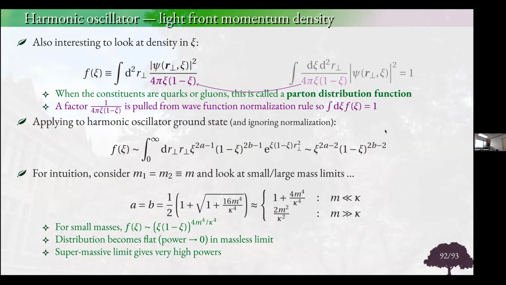So what does this mean? For some intuition, it might be helpful to look at the equal mass case and to look at either the two bodies having very small or very large masses. In the equal mass case, a and b are the same, and you have this nice looking formula with the square root here. If the mass is extremely small, then you can do a series expansion for this.